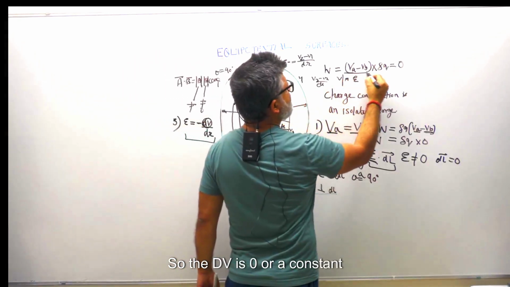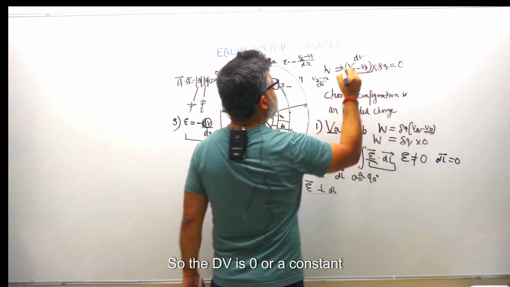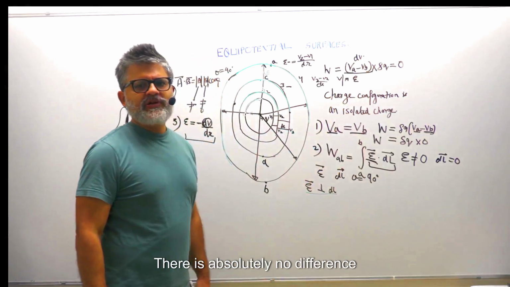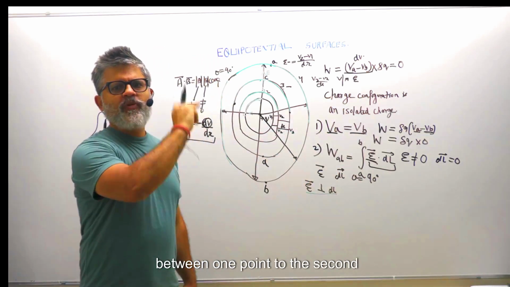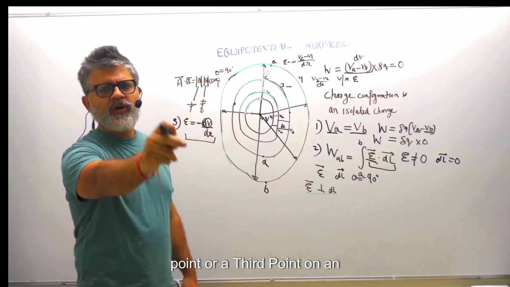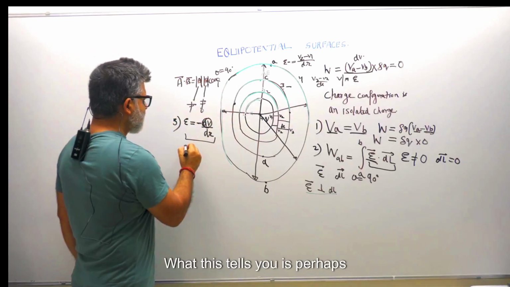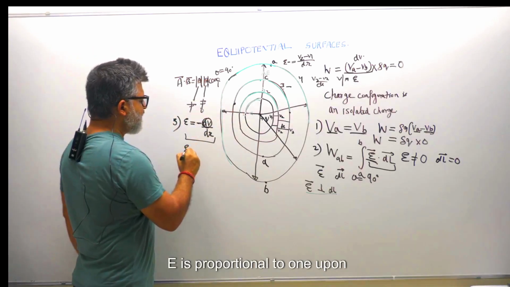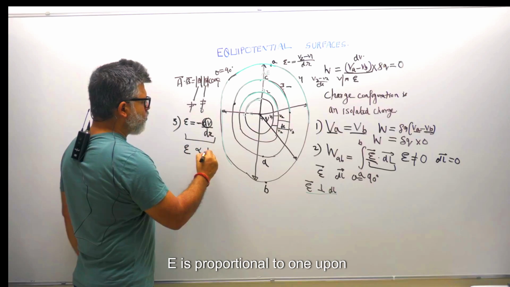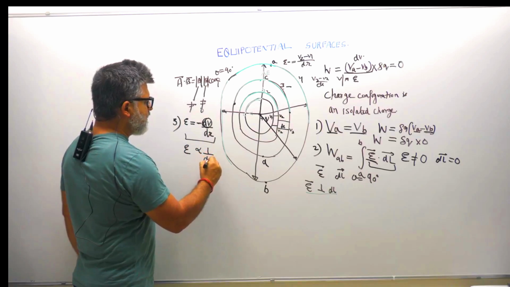So the dV is 0 or a constant. There is absolutely no difference between one point to the second point or a third point on an equipotential surface. What this tells you is perhaps E is proportional to 1 upon dr.